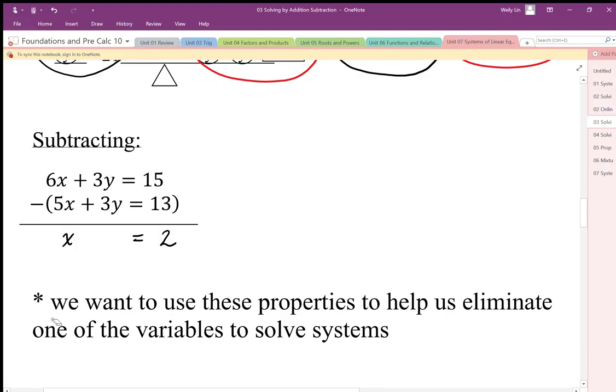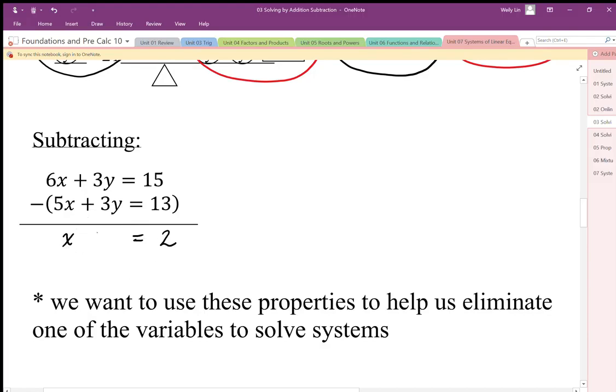So this is what we want to do. We want to use these properties to eliminate one of the variables, and this allows us to solve for the system. In this case, the 3y's canceled out, and all that was left on this new balance were x's, and we were able to solve for x.